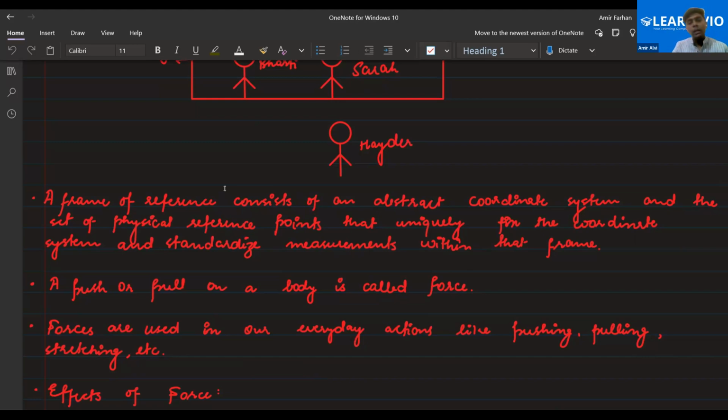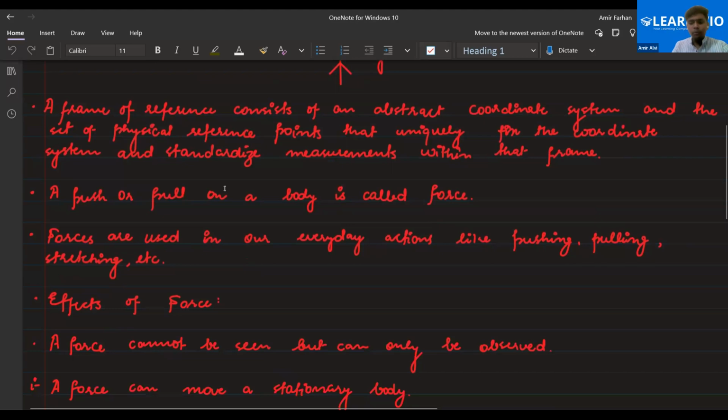Next thing is a push or pull. In simple words, a push or pull is called a force. Force is the thing that we see in our day-to-day life, but we cannot see it, only observe it.